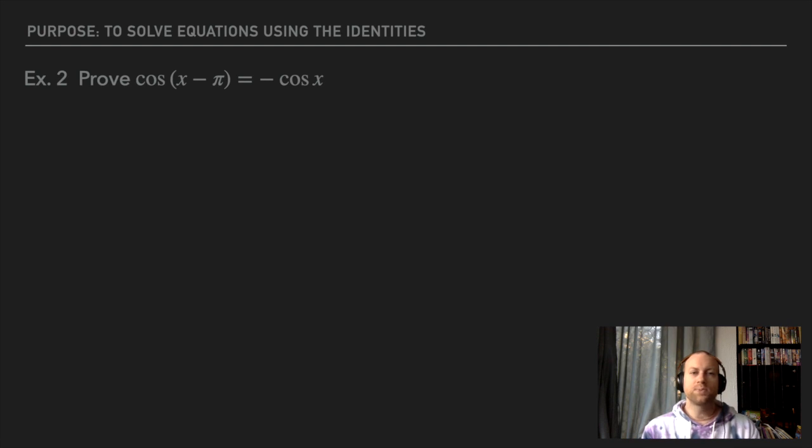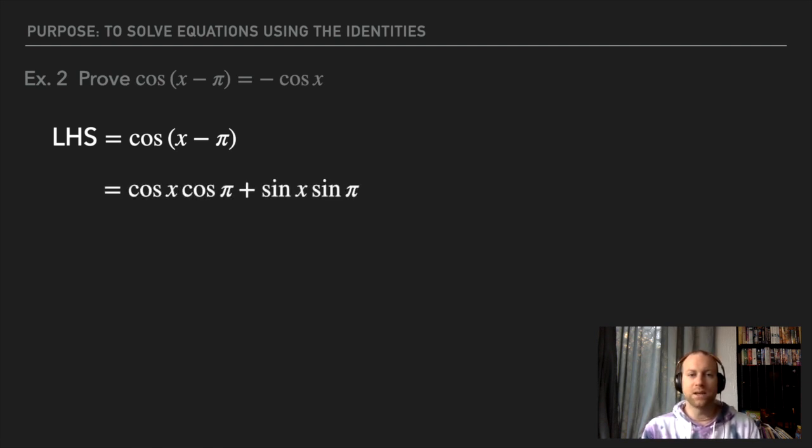So now we're going to prove algebraically that this equation works: cos(x minus pi) equals negative cos x. So we're going to use the identity that we just learned, the difference equation for cosine. We're going to take our left-hand side of the equation here and manipulate this until we get the right-hand side. So we have an equation for the difference inside cosine.